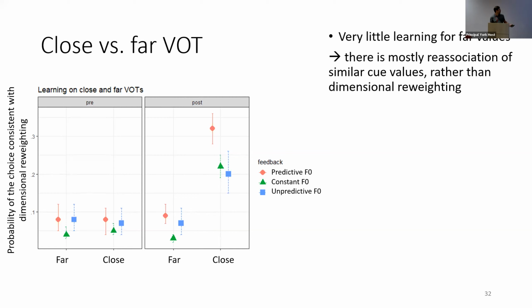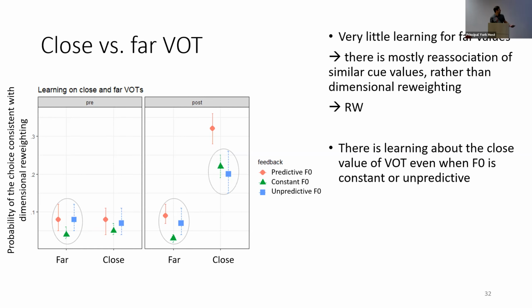There's mostly just learning about these close values, which is consistent with reweighting the individual Qs that they encountered and generalizing from them. So that's consistent with Rescorla-Wagner. There's also learning about the close value even when there's no other Q to rely on. So they're giving up on this value of VOT in a way.